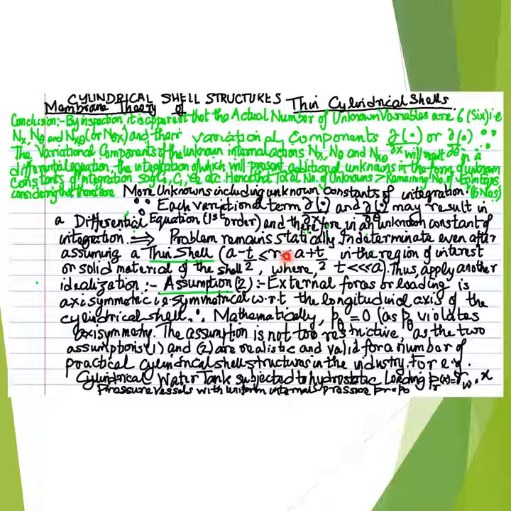wherein the radial coordinate r, in the selected choice of the cylindrical coordinate system of frame of reference for the membrane analysis of the cylindrical shell structure, has a very small range.